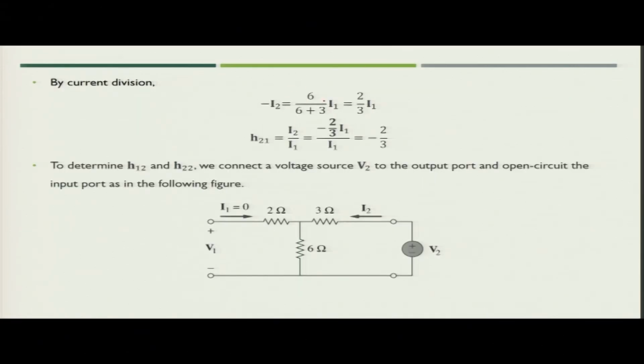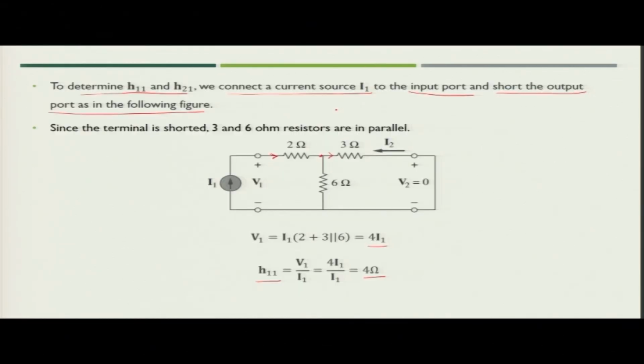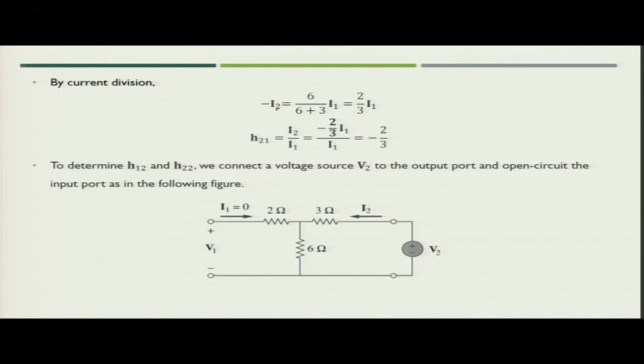Here the value of current is also minus of I2, because the direction of current is opposite. So, you can write minus I2 equal to 6 upon 6 plus 3, which we got with the help of current division. So, you will say that minus I2 is equal to 2 by 3 I1. You will get H21, that is the ratio between I2 and I1. So, you will put the value of I2 in terms of I1, and when you simplify, you will get H21 as minus 2 by 3.